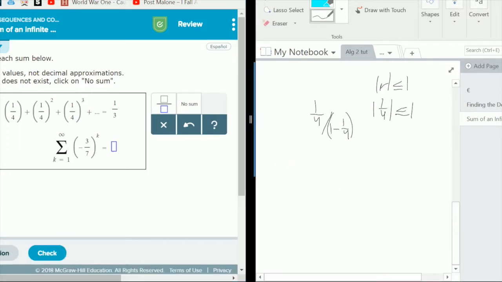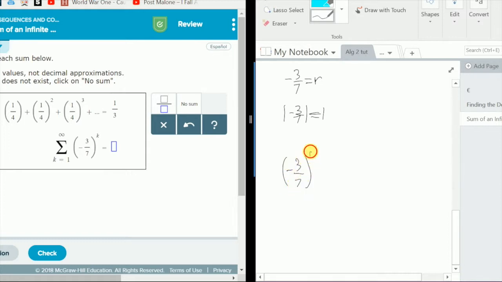The number in the parentheses right here is -3/7, and since it is the number in the parentheses, it equals r. The absolute value of -3/7, which is just 3/7, is less than or equal to 1. Therefore, this sequence has a sum. The first term is -3/7 to the power of 1, which is equal to -3/7.